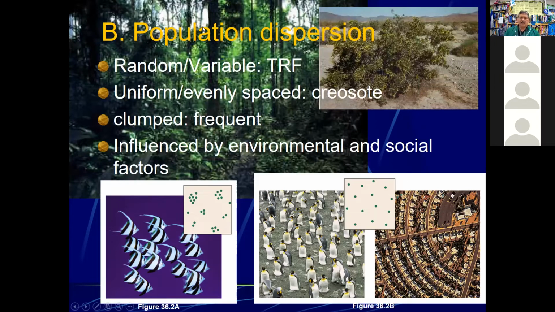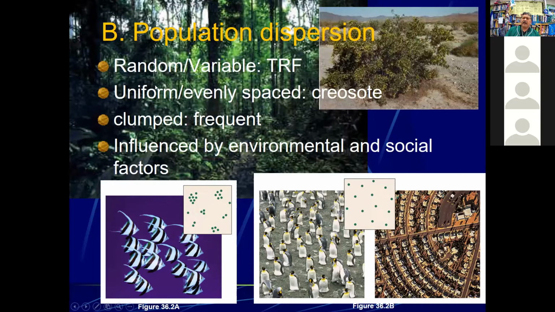Going up at the top, the most common is the random or variable dispersion of individuals in the population. Actually it's not the most common one, but it's common in the tropical rainforest. The tropical rainforest, TRF, is an example of an area that has random or variable population dispersion.